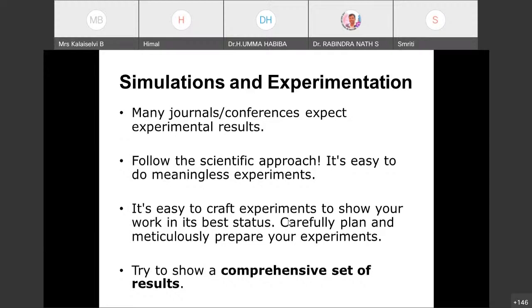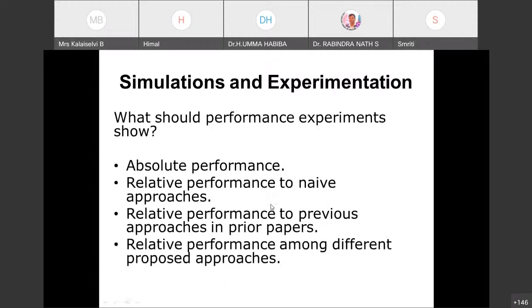So you try to show a comprehensive set of results to impress the reviewers as well as the reader who will eventually read your research paper. In terms of simulations, you can include the absolute performance and relative performance and comparisons with other papers and all those kinds of things.